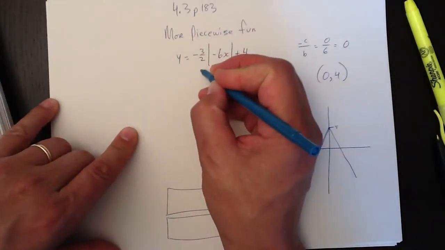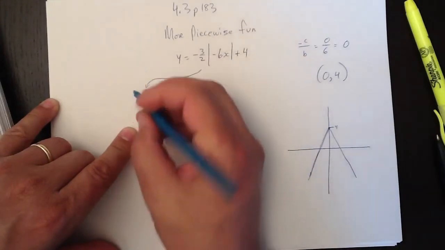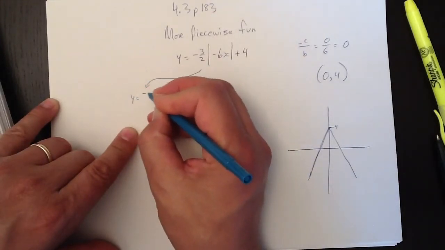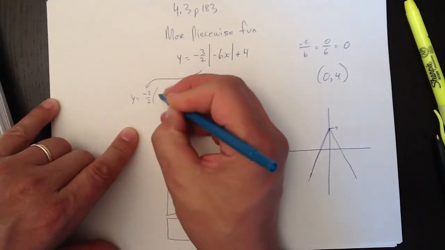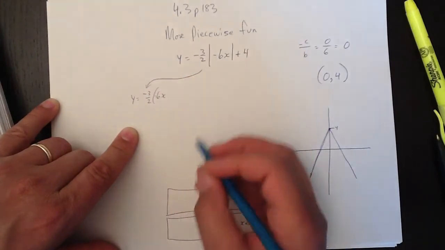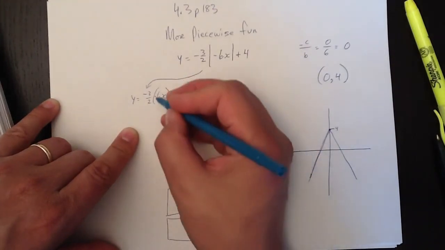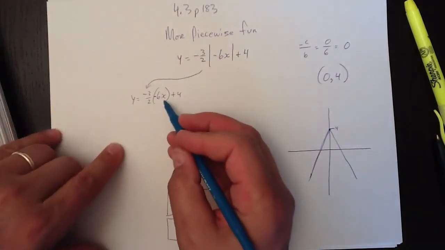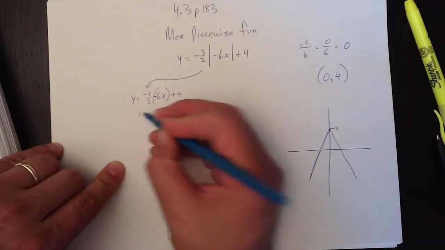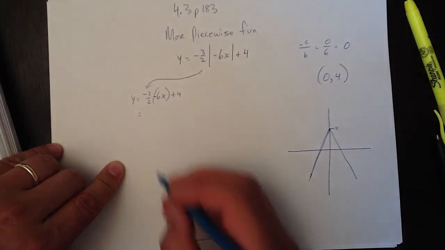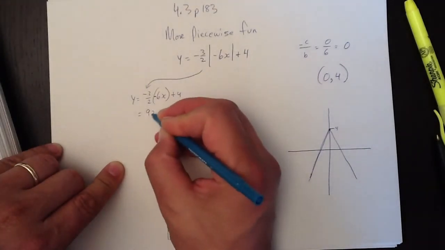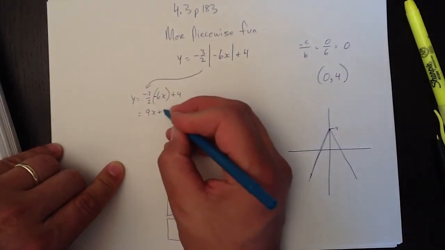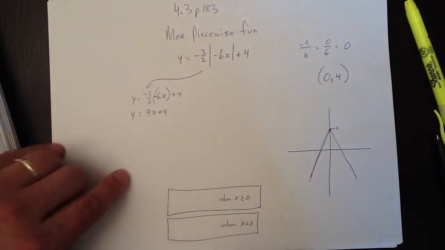One of them is simply writing it out as if there's no absolute values going on. Y equals negative 3 over 2 times negative 6x plus 4. So negative 3 over 2 times negative 6x equals 9x, plus 4. So y equals 9x plus 4.